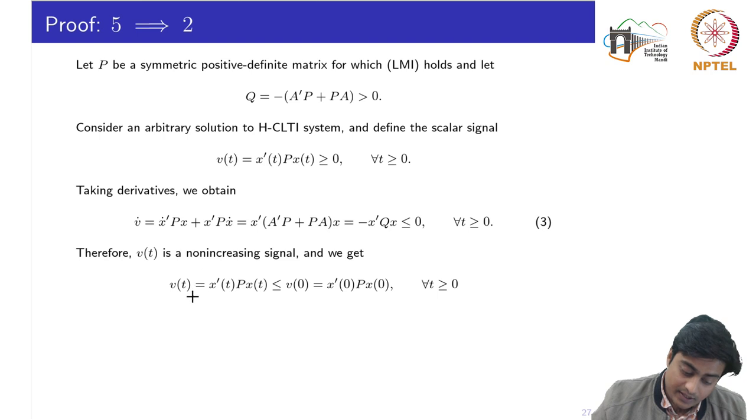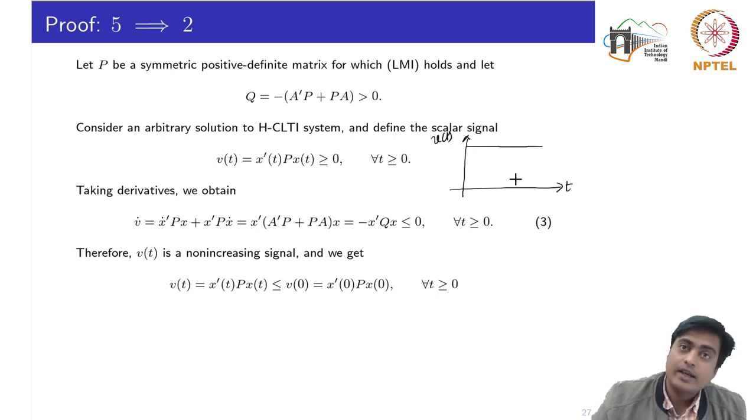So let's see, in both the cases I could write that the value of the signal at some other time t than 0 would be less than or equal to the signal at t equal to 0. Let's try to visualize that. V of t could be a constant signal, with the time axis t and here V of t, having said that V dot is equal to 0.